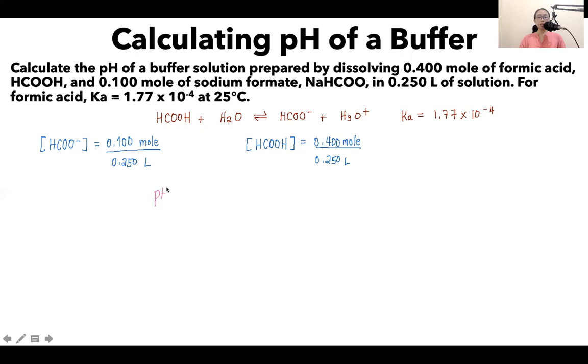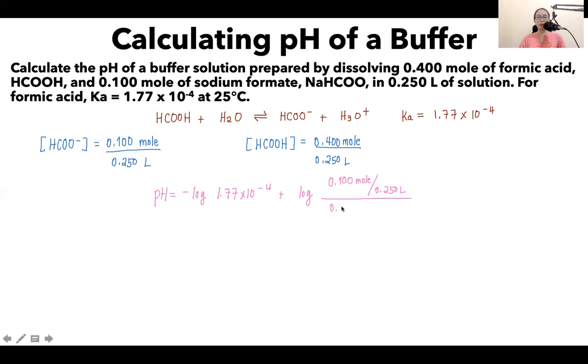So pH is equal to pKa, and pKa is negative logarithm of 1.77 times 10 raised to negative 4 plus logarithm of, again, concentration of conjugate base. So we have 0.100 mole divided by 0.250 liter over the concentration of the weak acid.